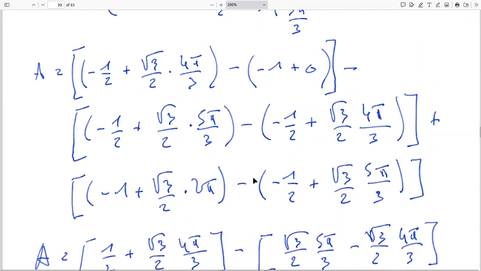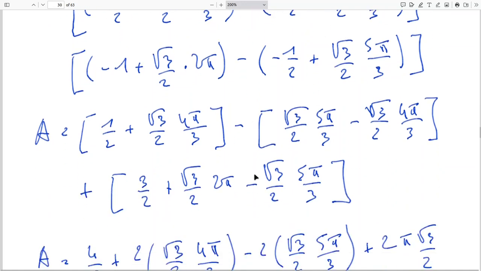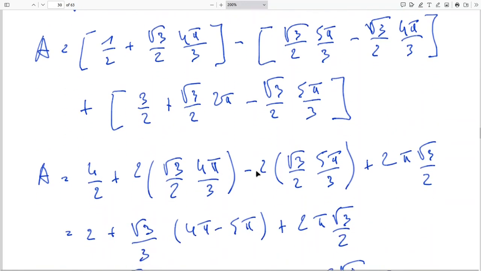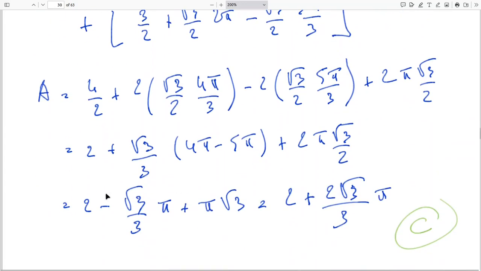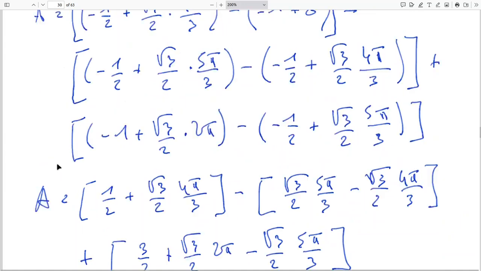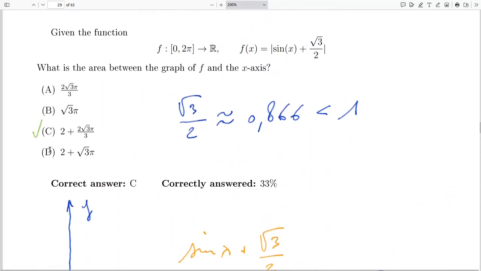I won't read it all out for you, but if you do it correctly, then in the end we get 2 plus 2 times square root of 3 over 3 times pi, which is answer C, 2 plus 2 square root of 3 pi over 3.